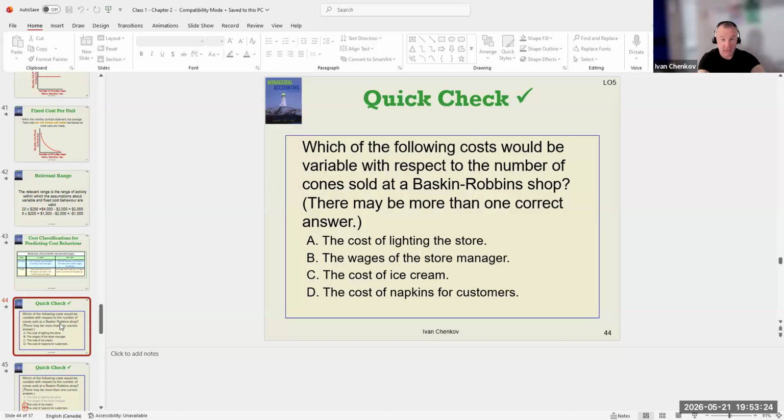With respect to the number of cones sold, fixed cost. It doesn't matter how many I'm going to sell, the light's going to be on. End of the story. How about the wages of the store manager? Fixed cost. Cost of the ice cream: variable. The more cones I'm selling, the more ice cream goes. How about the cost of the napkins for the customers? The same, variable cost. Okay, excellent.